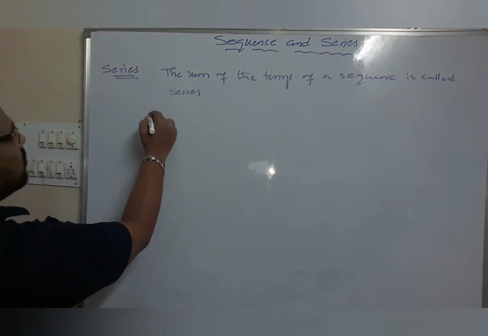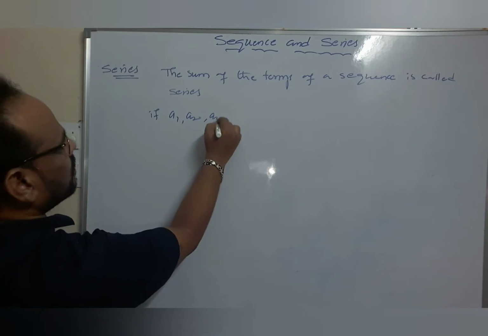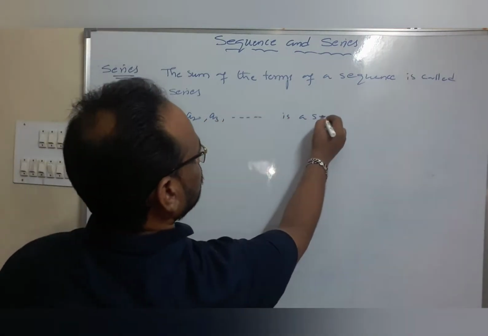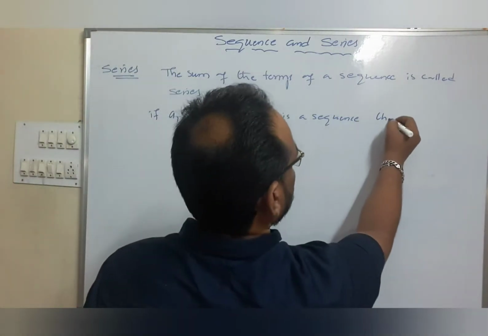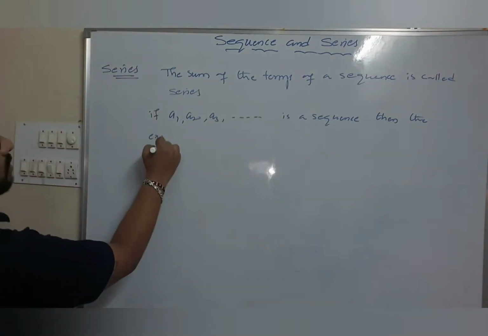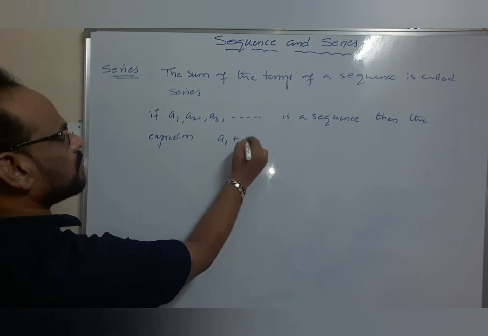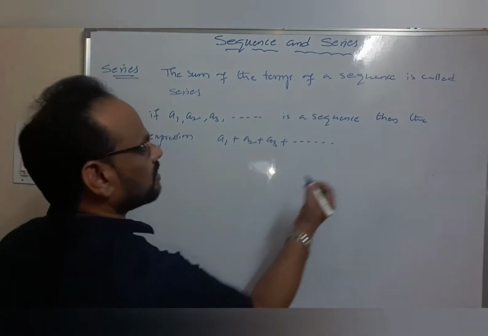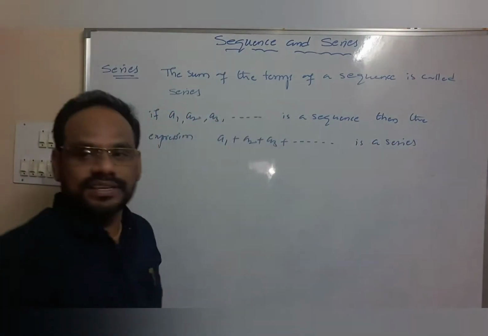For example, if A1, A2, A3 and so on is a sequence, then the expression A1 plus A2 plus A3 plus and so on is a series.